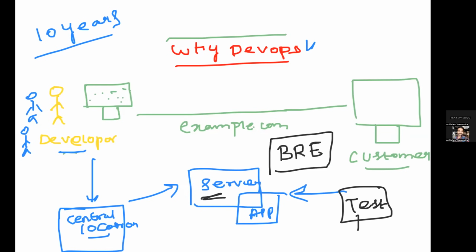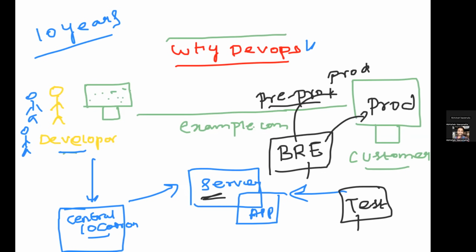Once the tester tests this application on the server, the build and release engineer would promote this application to the next level. That level can be production, or pre-production, also called a staging environment. Once this application is well tested on pre-prod, this build and release engineer would take it forward to the customer, that would be the production server.